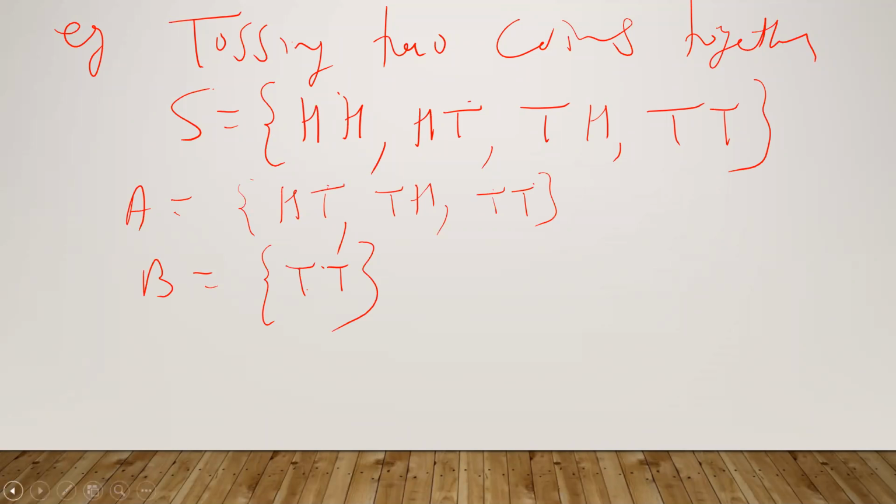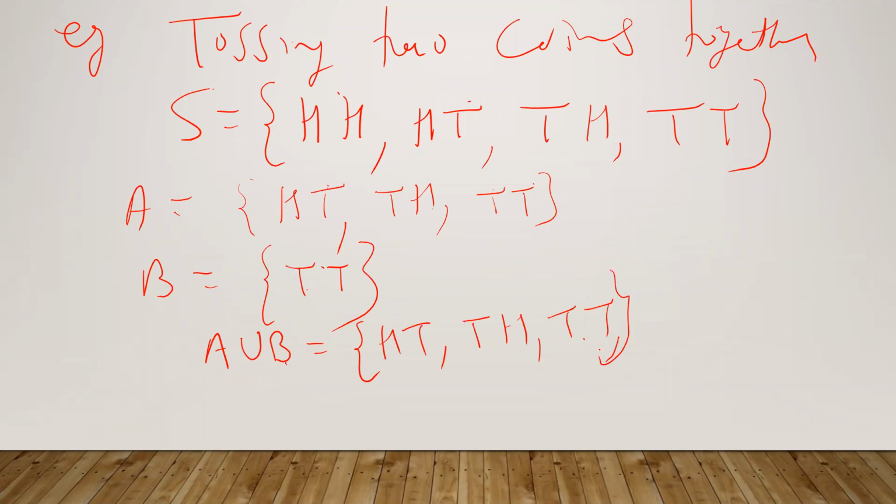And if I ask you, what is the union of these two events? How will you write? First, you write all the sample points of A, HT, TH, and TT. And then from B, you will write that sample point which has not come here. So B is TT, which I have already written. So I will stop here. So A union B is HT, TH, and TT.